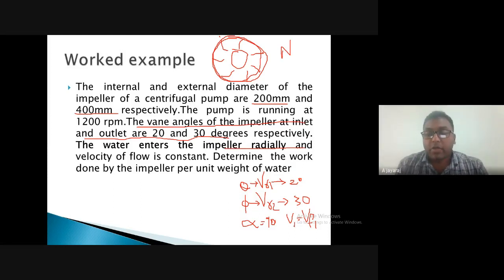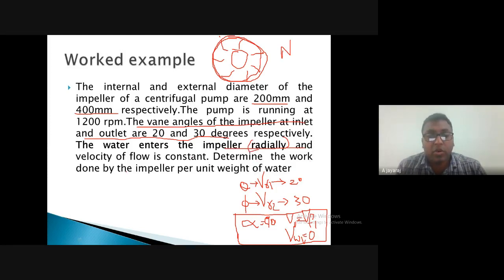There is no component of absolute velocity along the direction of motion, so vw1 will be equal to 0. So when we say the flow is entering radially, it gives us a lot of information. When the water enters the impeller radially, alpha is 90 degrees, v1 equals vf1, and vw1 is equal to 0. This is our observation from the word radially, and the velocity of flow is constant.